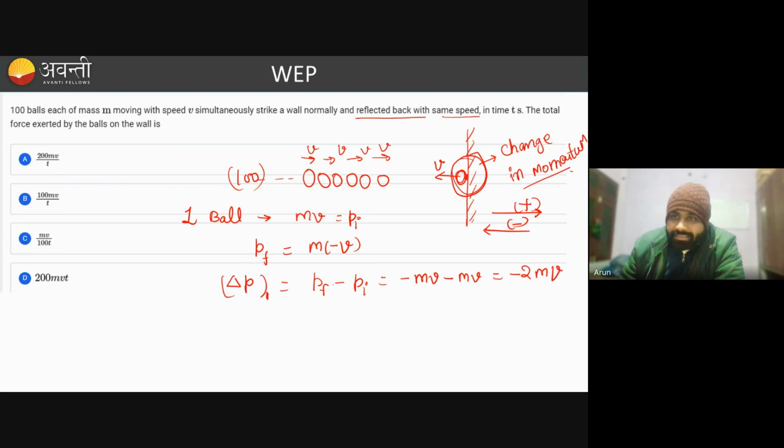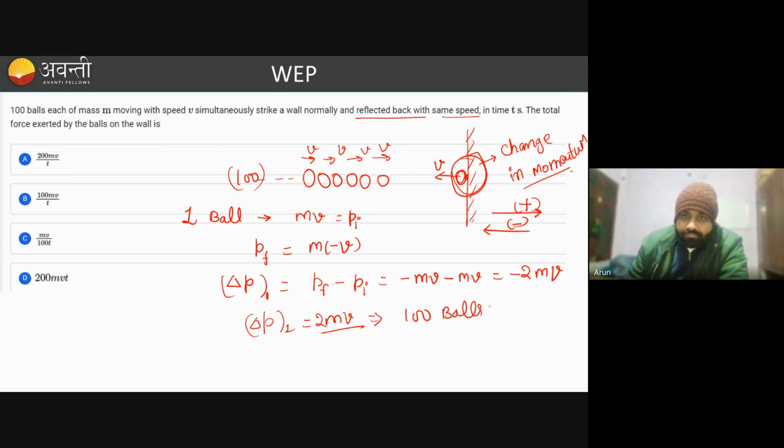If you are interested in the magnitude only, the change in momentum for one ball is 2mv. Now how many balls do we have? We have 100 balls. So for one ball it is 2mv, for 100 balls it will become 100 into 2m into v.